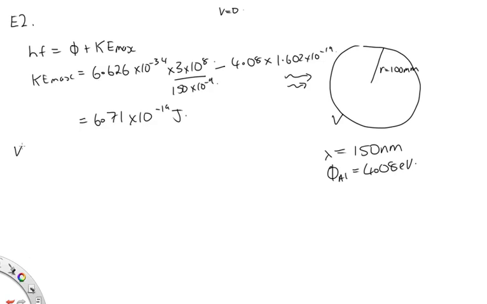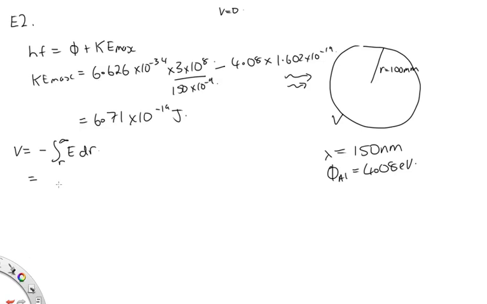So we've got V is equal to minus the integral of E dr, where this is the electric field on the surface of the sphere, and we're going from radius r, which is the radius on the surface of the sphere, out to an infinite distance, so infinity.